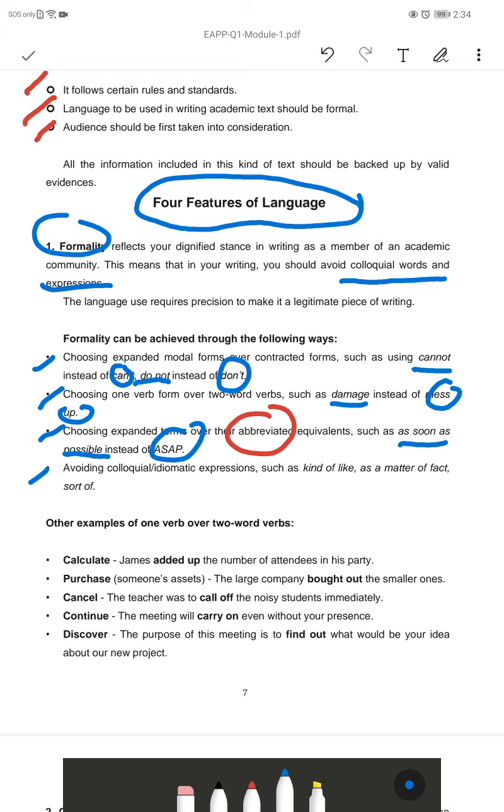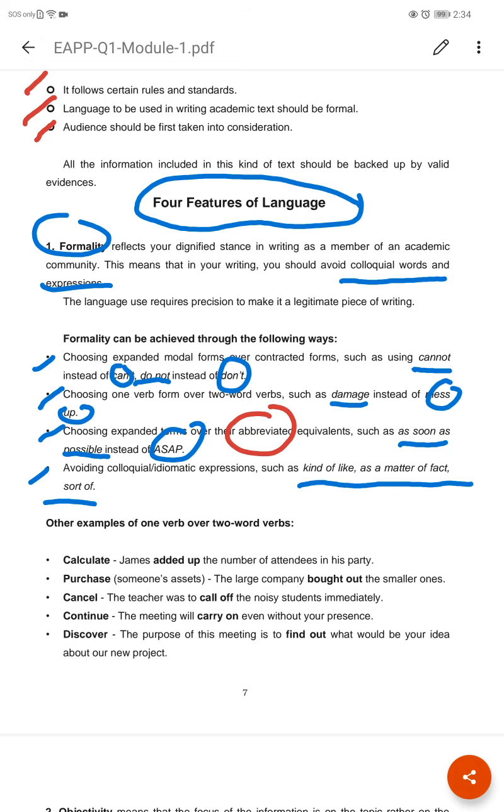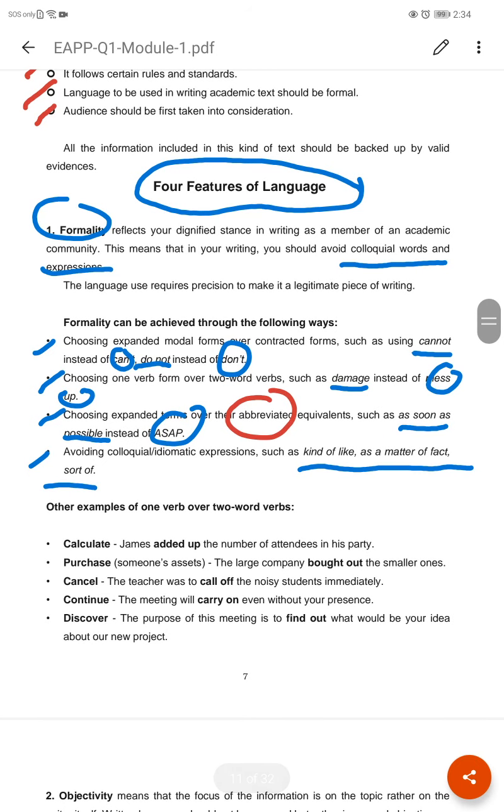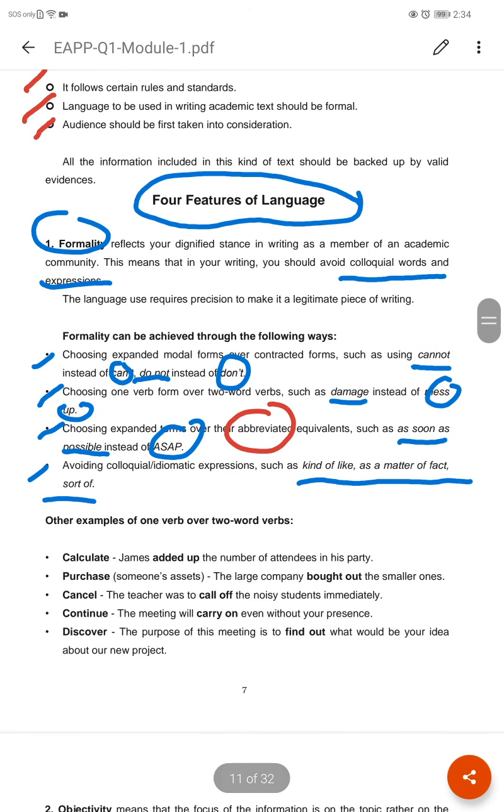kind of like, as a matter of fact, or sort of. These colloquial expressions, or in Tagalog, as I have said a while ago, balbal or informal language, are not allowed to be used in academic writing. In Filipino, guys, these terms are like parang.